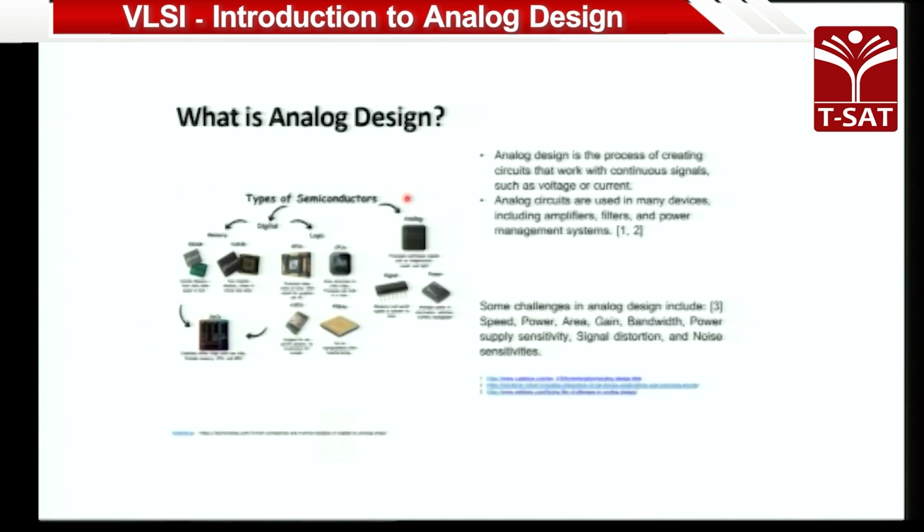So today I thought, okay, let me take this opportunity and share with you what exactly analog design is. Generally I come across these kinds of queries from friends and relatives around me, asking what I'm generally doing.